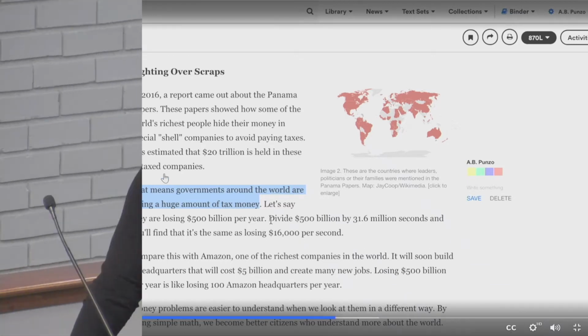I like this part because the teacher who's doing this lesson, who's helping you learn to use this tool of central idea, talks about how these papers show how some of the world's richest people hide their money in special shell companies to avoid paying taxes. Well, so why is that important?